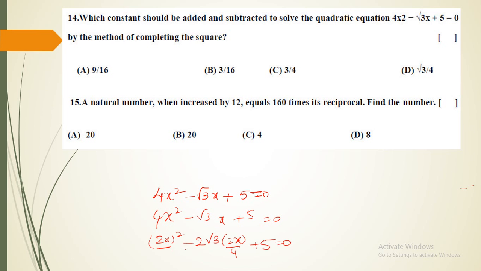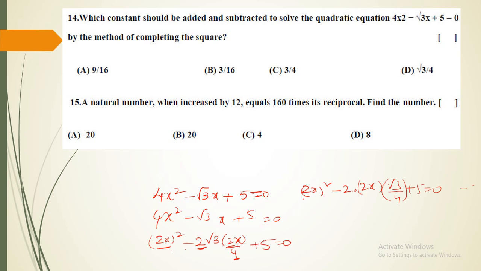So minus 2 into root 3 into 2x by 4, so that this 2 into 2 will be compensated by this 4. After this, I am going to get 2x whole square minus 2 into 2x into root 3 by 4 plus 5 is equal to 0.